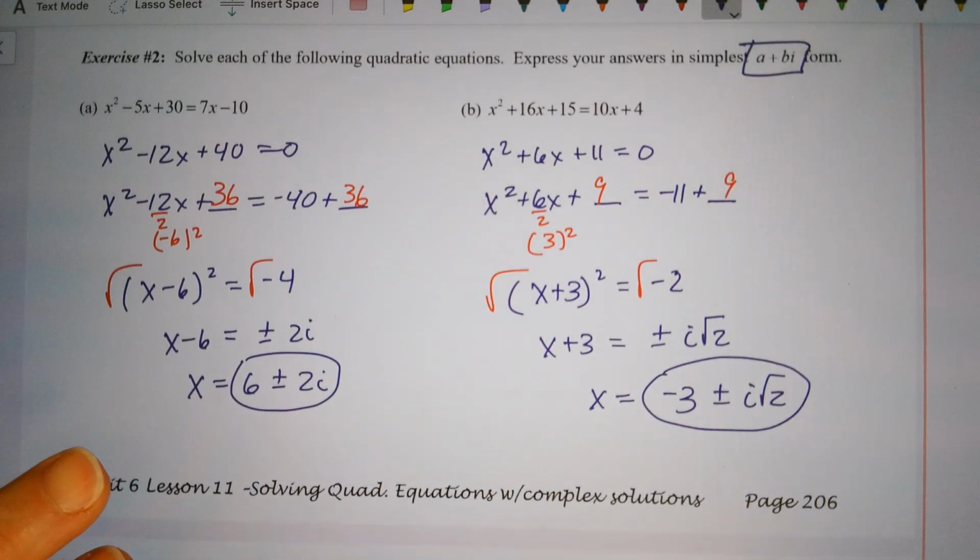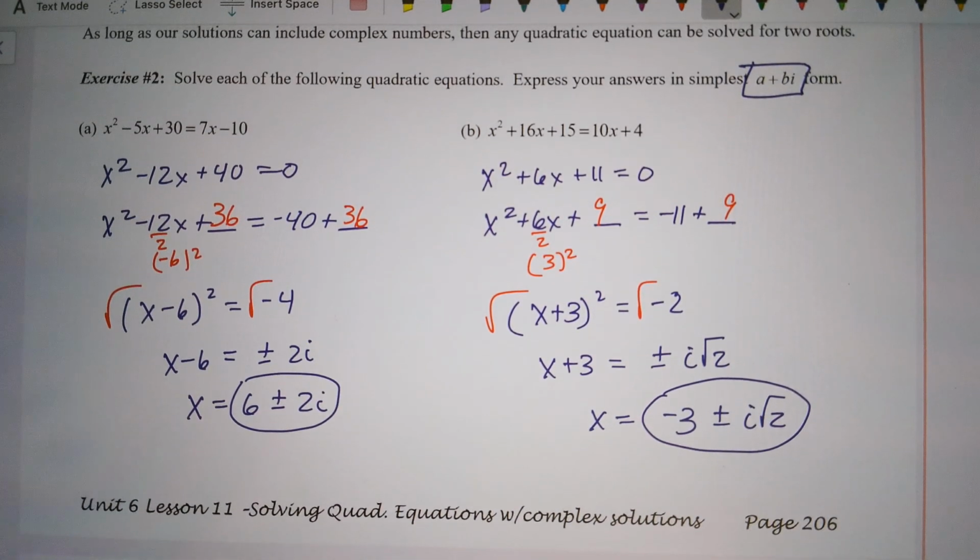And if I have a preference, I prefer to use complete the square over quadratic formula. I just find it easier to work with. But you're certainly more than welcome to have used quadratic formula on both A and B.